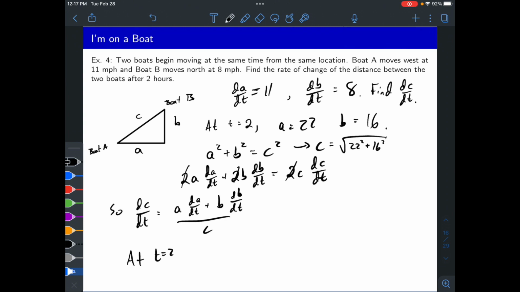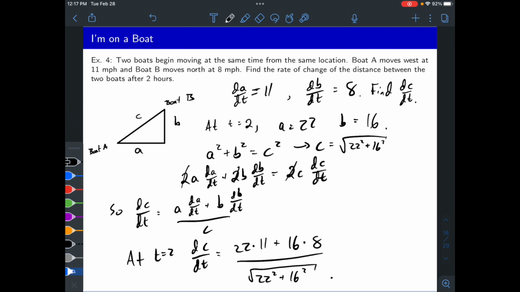And so now we have all the information that we need to figure out what dC/dt is, which is how fast the distance between the two boats is increasing after 2 hours. That's equal to A, which is 22, times dA/dt, which is 11, plus B, which is 16, times dB/dt, which is 8, all over C, which is the square root of 22 squared plus 16 squared.